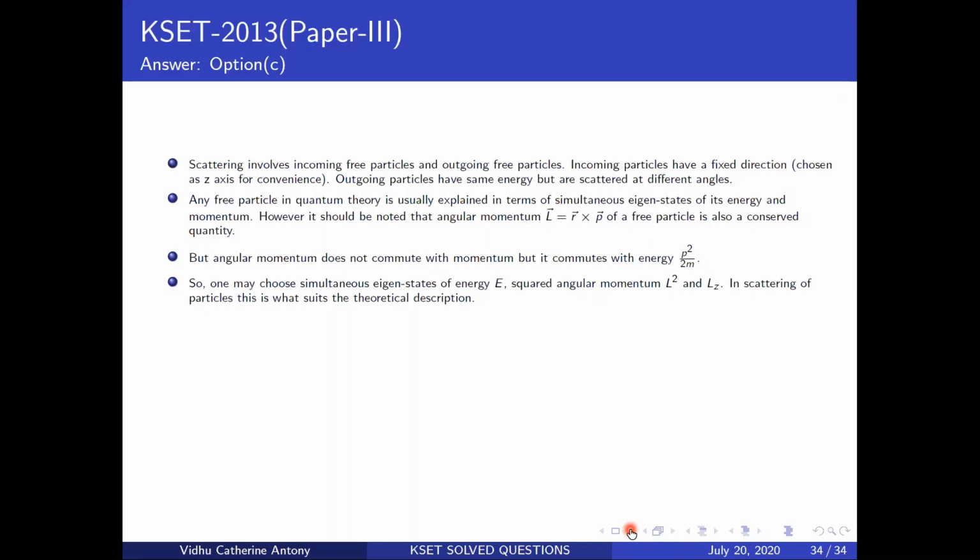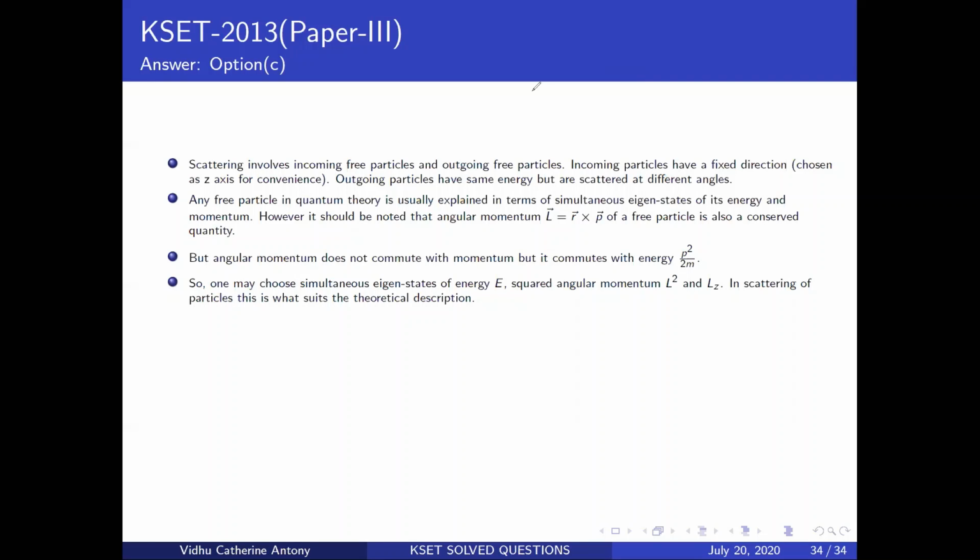The thing is that your momentum and angular momentum do not commute. So you can choose one of two things: you can take your E, L square and Lz rather than just taking E and P. In scattered particles, this is better, because you end up getting more information about the whole system. You don't get complete information about the system, but you want as much information as you can get.